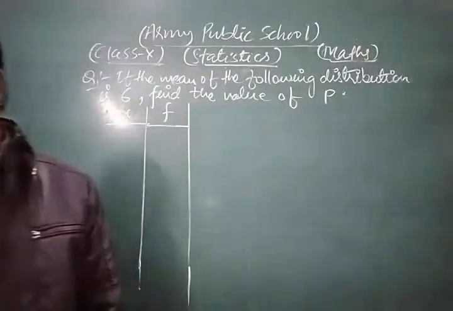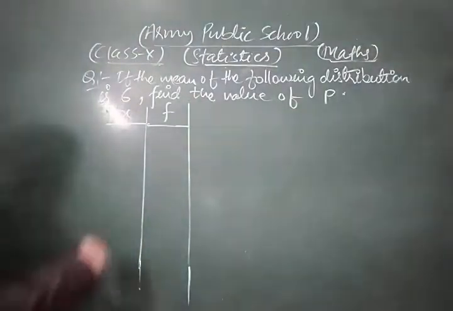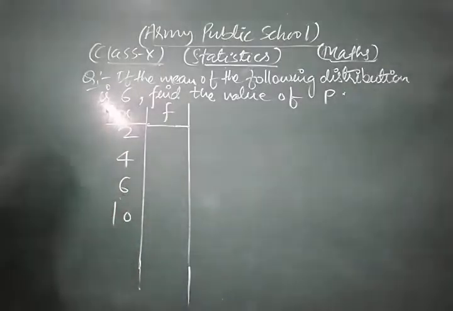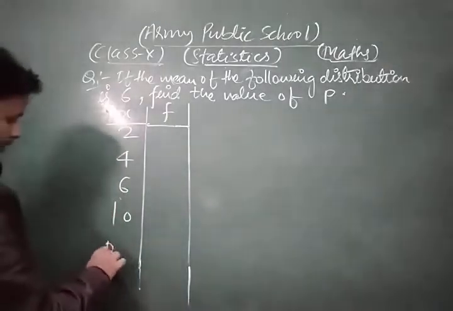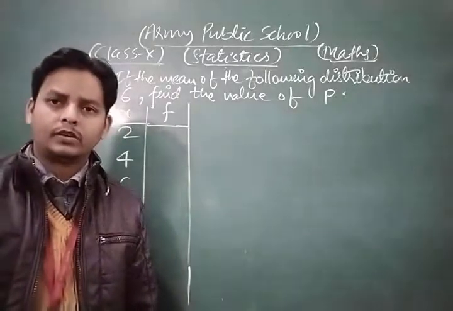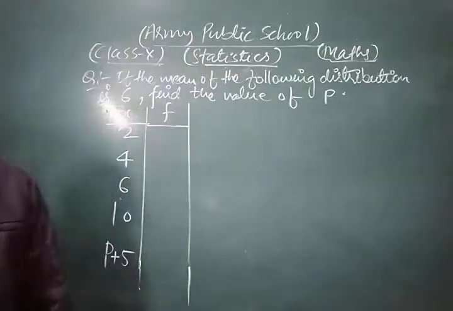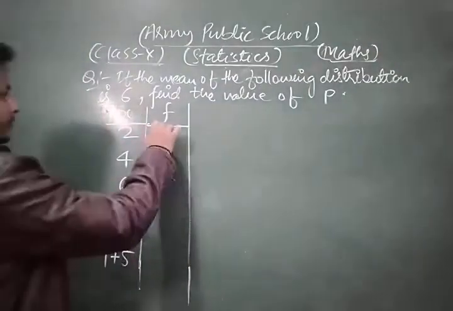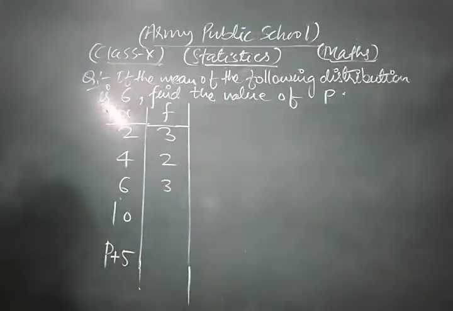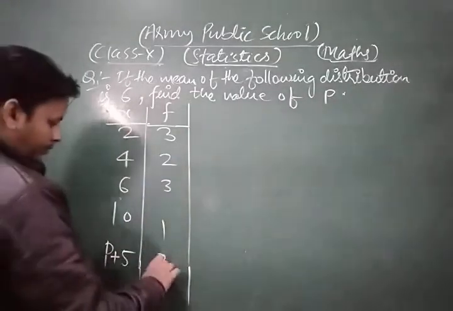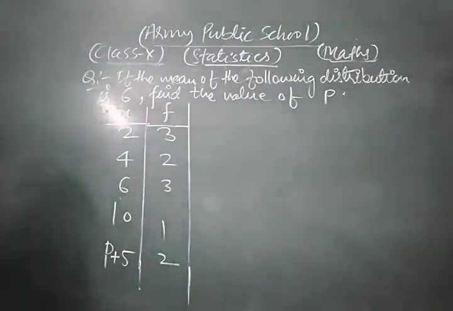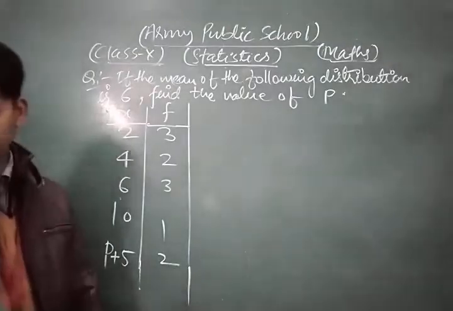The variable x is 2, 4, 6, 10, p plus 5, and the corresponding frequencies are 3, 2, 3, 1, 2.